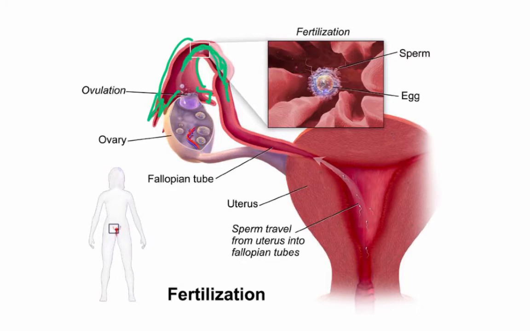So the sperm have to swim upstream, up through the uterus, through the fallopian tubes, against the tide, if you will, of the cilia beating toward the uterus.